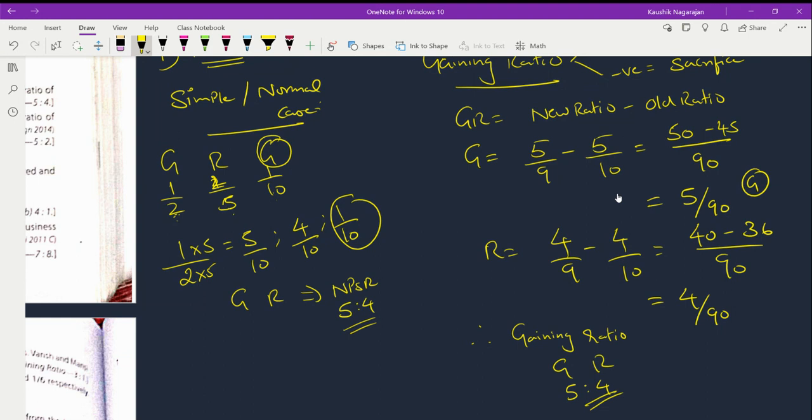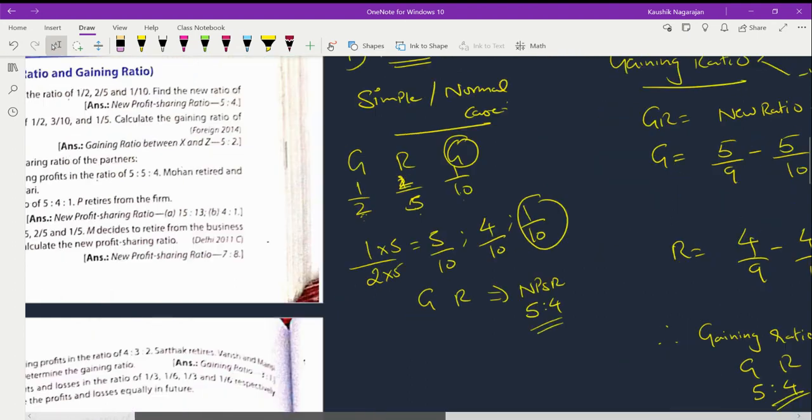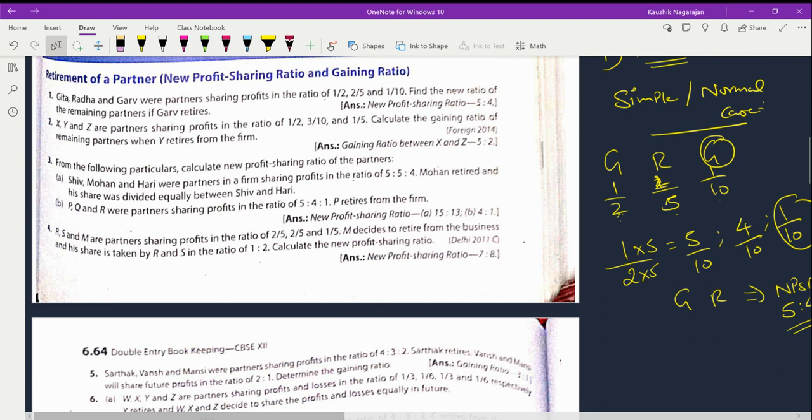Those problems are declared as simple or normal case problems. In those cases, your NPSR will always be equal to gaining ratio. This will be proved 100% perfect under both the cases when your initial profit sharing ratios are in fraction or even if they are in pure ratio.